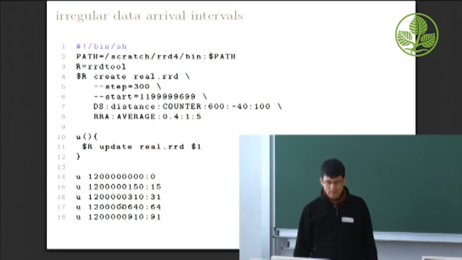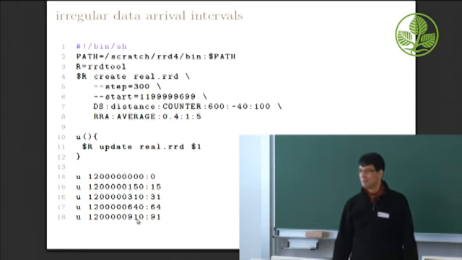Now these updates we're feeding are not at 300-second intervals. They're on the hour, and then 150 seconds later, 310 seconds later, 640 seconds later, and 910 seconds later. Rather irregular, but who knows?